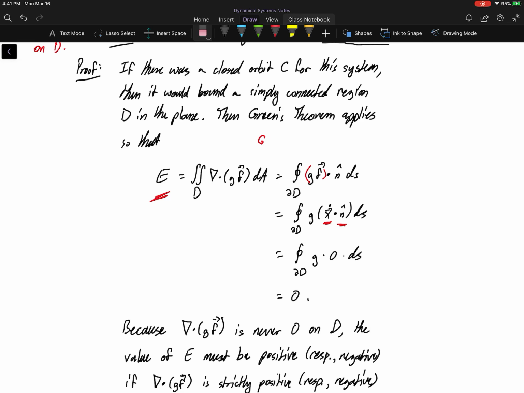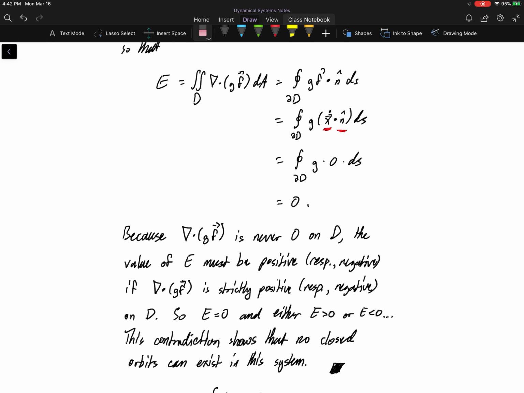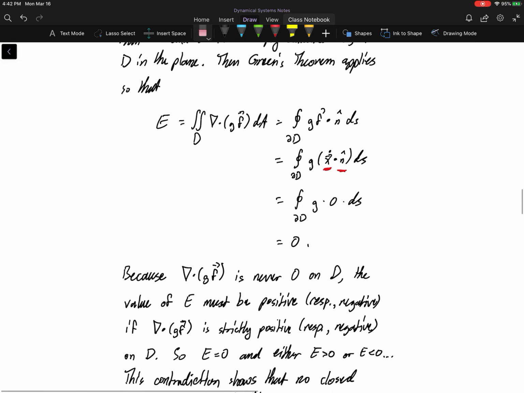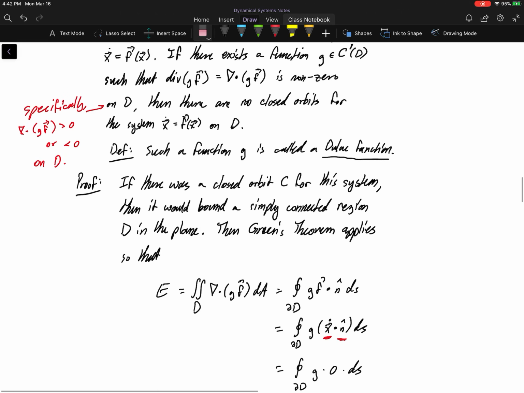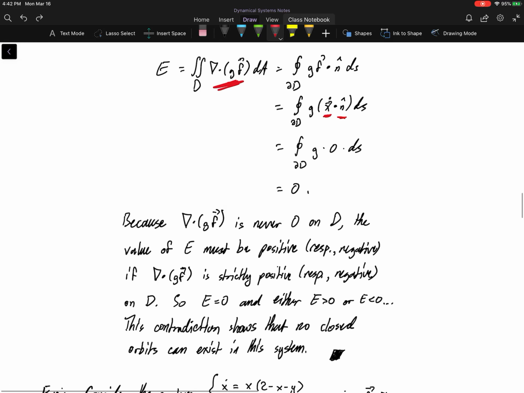So that would mean that the E value actually has to be 0. But that can't be the case, because this GF function has a divergence by assumption that is non-zero. So there has to be a non-zero value for the integrand on the left-hand side.